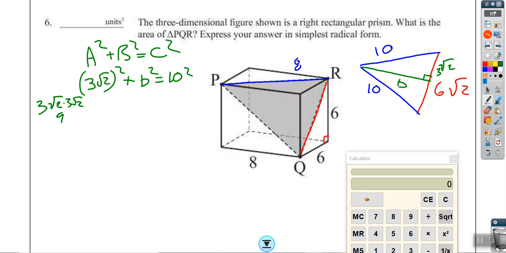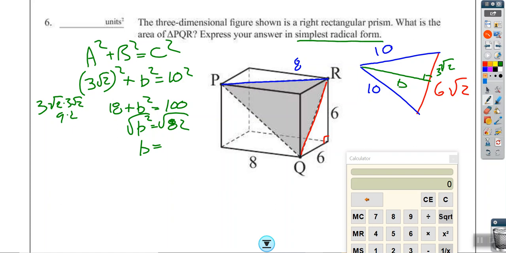Root 2 times root 2 is 2. 2 times 9 is 18. So we have 18 plus b squared is equal to 100. All right, so subtract 18, so we get b squared is equal to 82, square root. So we get b is equal to the square root of 82, and we want simplest radical form.